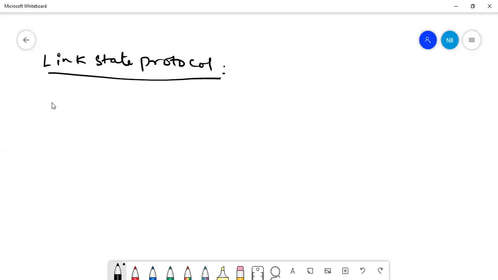So in distance vector, let me brief it once again. Link state protocol, or link state routing, is what this is called.